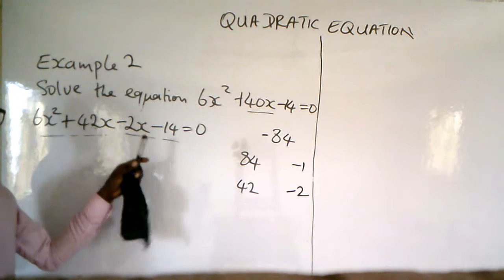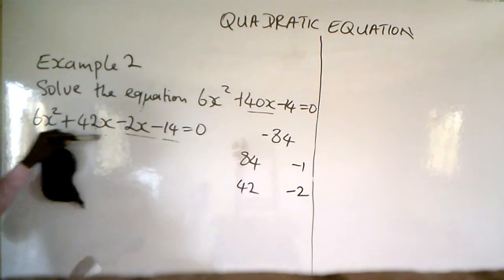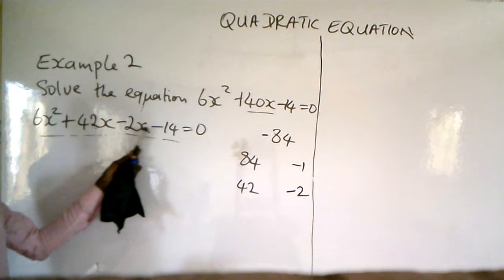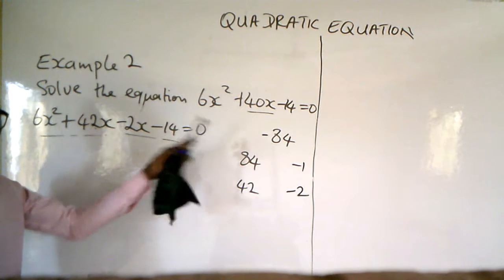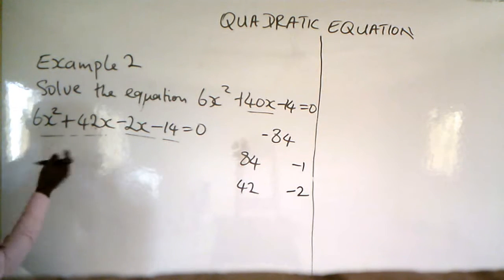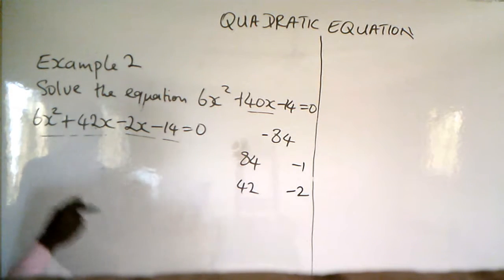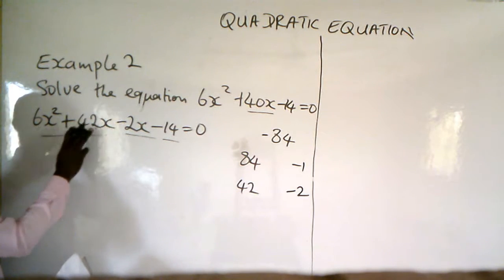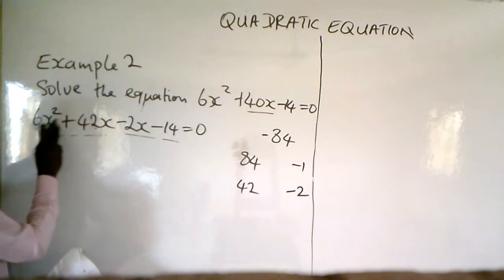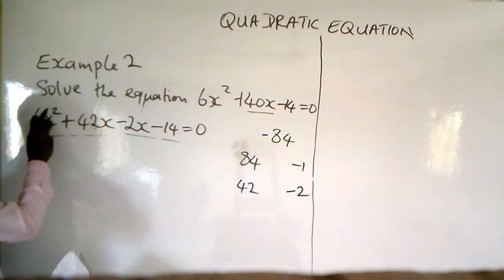Having gotten this expression, we are going to factorize by grouping: we factorize the first two terms, and also the other two. Factorizing the first two, you discover that 6 is common to both because 6 can divide 42. And x is also common to both, because you have x inside this x squared.